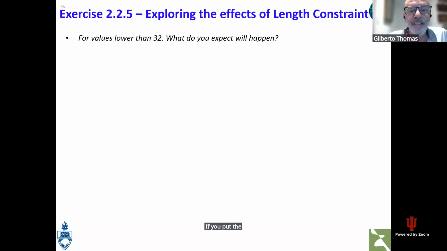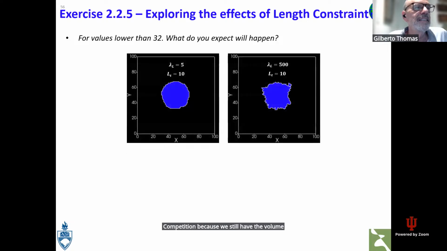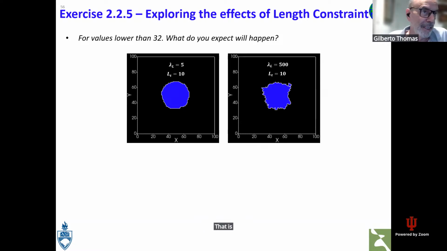If you put values smaller than 32, what do you expect? Since there is competition because we still have the volume constraint active, there is not much change in the elongation, but in the whole shape of the cell.